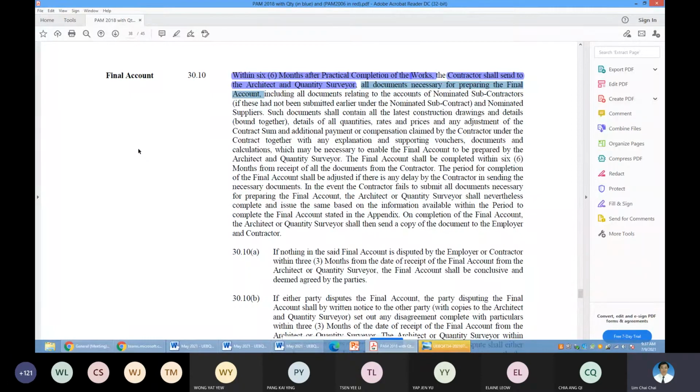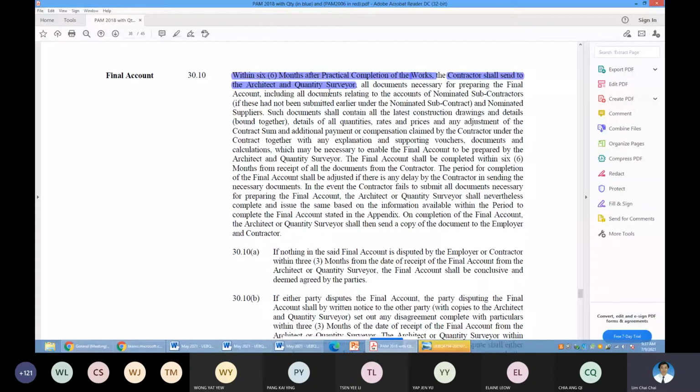See here, within 6 months of the CPC. So it's very critical for the contractor to get all their paperwork within 6 months and send it to the QS and architect to do their evaluation. A lot of the items are brand new to the architect and the QS, although there are notifications already. The details will come at the last moment.